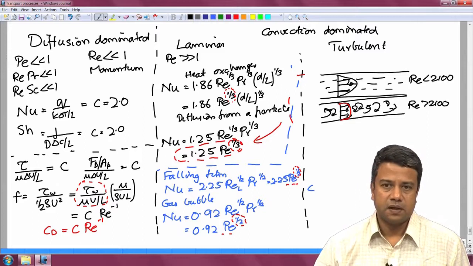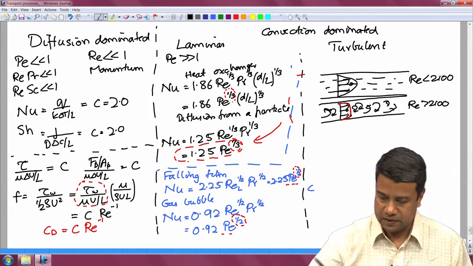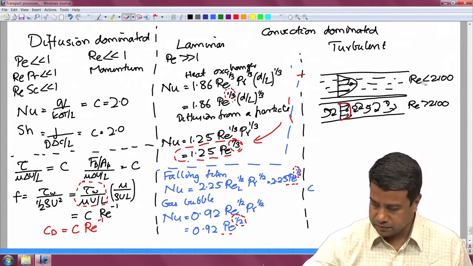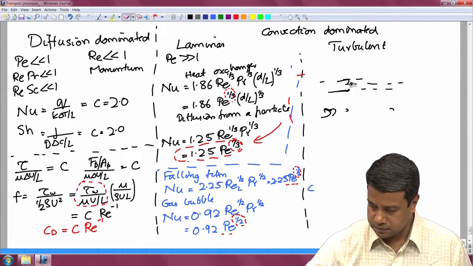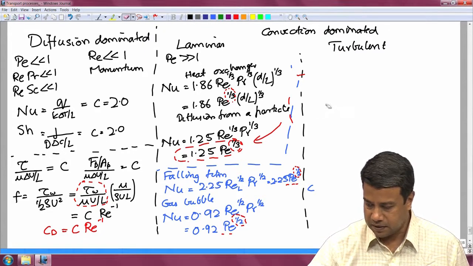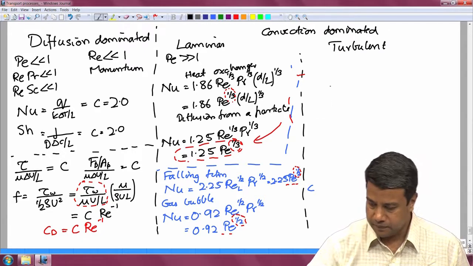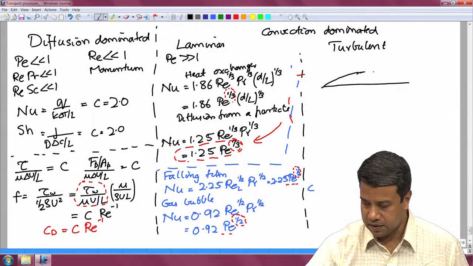A similar thing happens for the flow past a flat plate, for example. If you have the flow past a flat plate, initially the flow will be nice and laminar. You will have smooth streamlines.